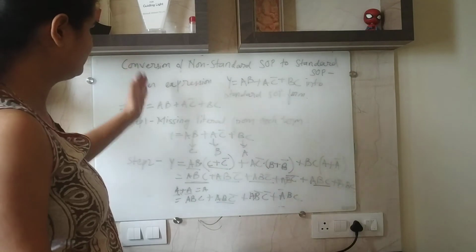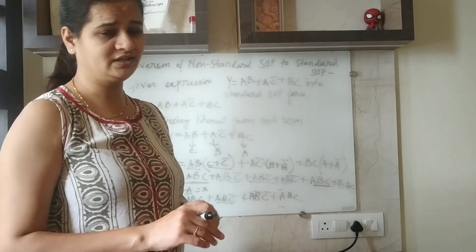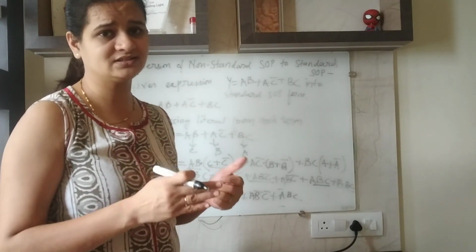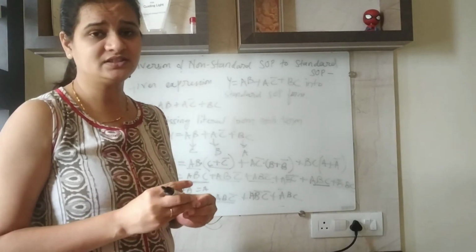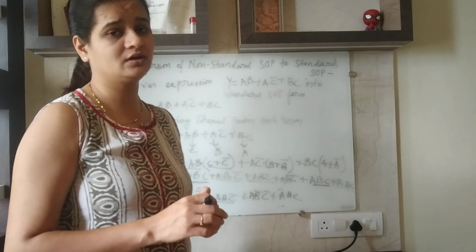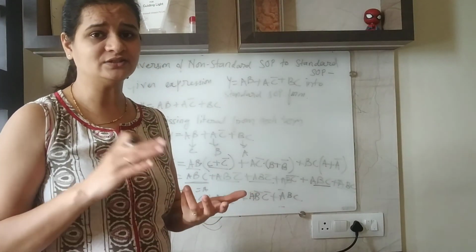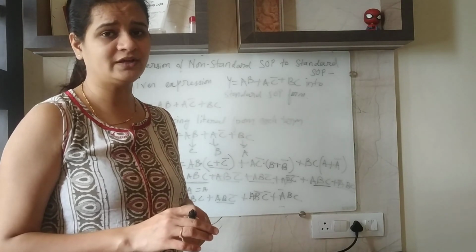So this is the way of converting a non-standard SOP into a standard SOP equation, right? First step is to see in which form the equation is, whether it is in SOP or POS form, right? And then the next thing is to see whether that equation is in non-standard or standard form, and if it is in non-standard form and it is asked to convert that equation into standard form, then at that time we have to apply 3 steps.